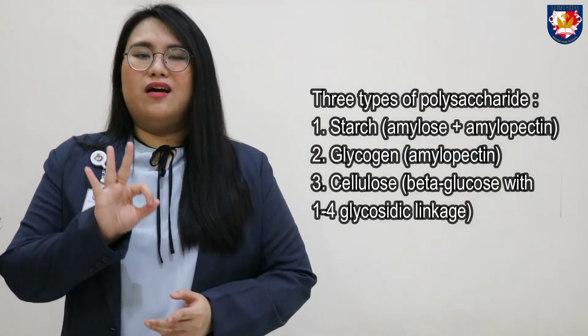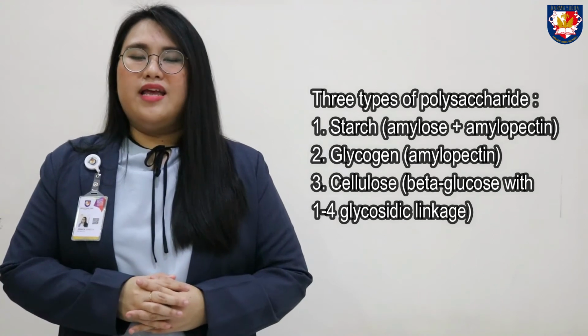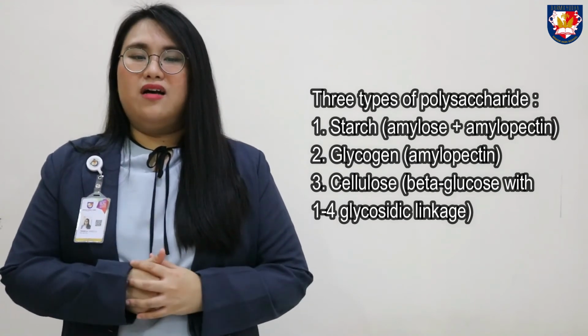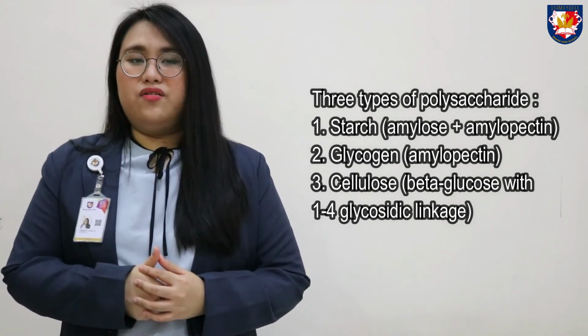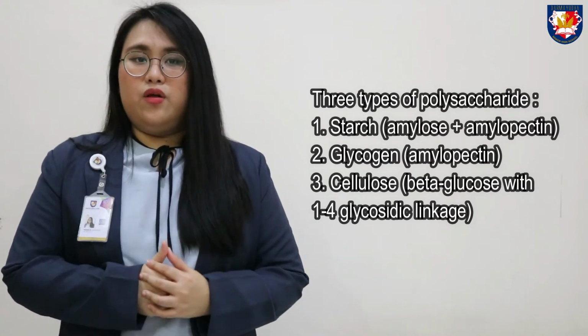Poly means many, so we know that polysaccharides consist of lots of monosaccharides. There are three types of polysaccharides. The first one is starch, which consists of amylose and amylopectin.